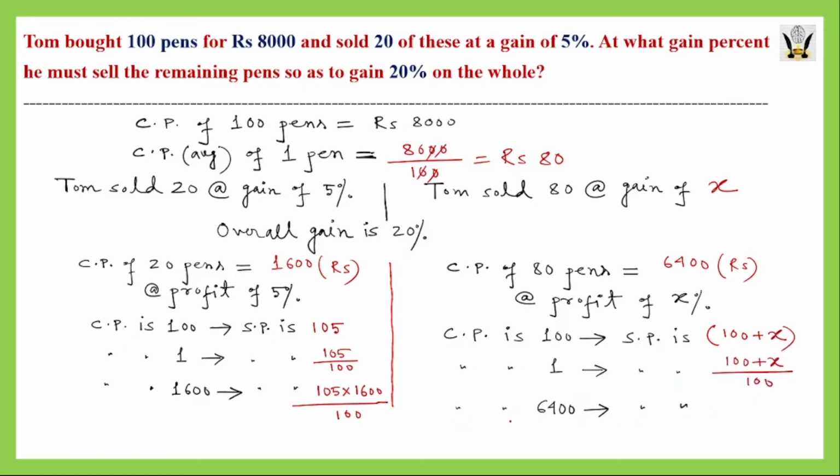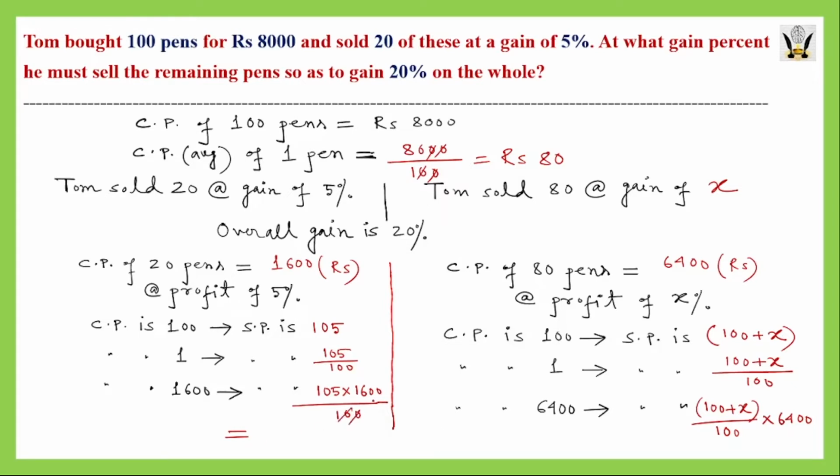And if the total cost price of 80 pens is 6400, then the selling price will be (100 plus X) divided by 100, multiplied by 6400, this much rupees. So separately we have found the selling prices of those two lots of pens.